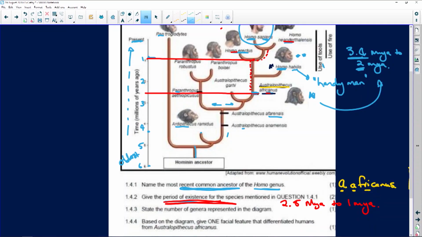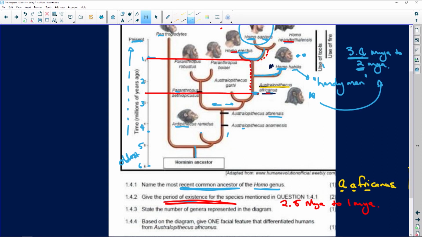So between, let's say, 3.6 and 2 Mya. So this diagram's not correct, but they want to see that you can figure out when this organism actually lived. He arrived here, they indicate that with a little black line, and at this point he no longer exists. Okay, and from him we have Homo habilis developing here.